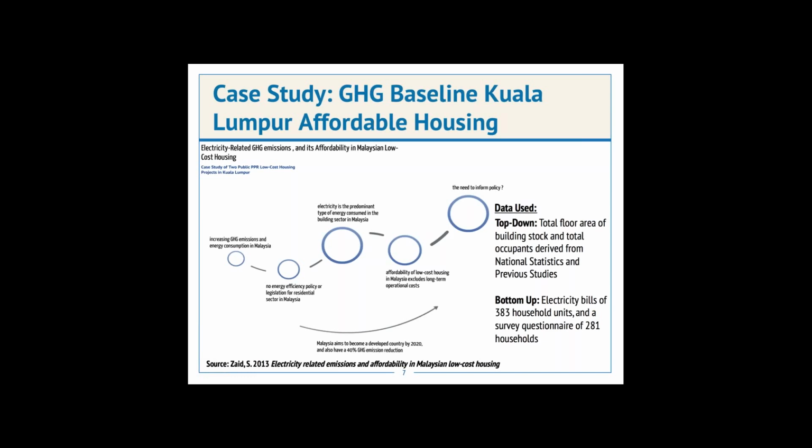So the results of this study could then be generalised for other parts of Malaysia as well. And then there was an effort made to collect bottom-up electricity bills for 383 households, and then a door-to-door survey done looking at patterns of end use and behaviour for 281 households.